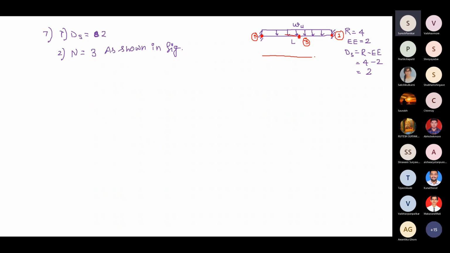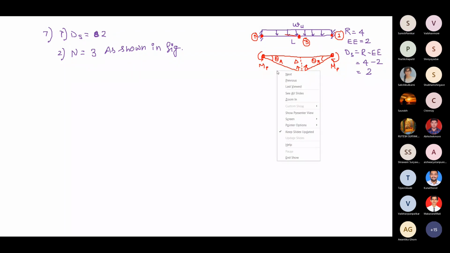And then if I will draw mechanism. We have third.